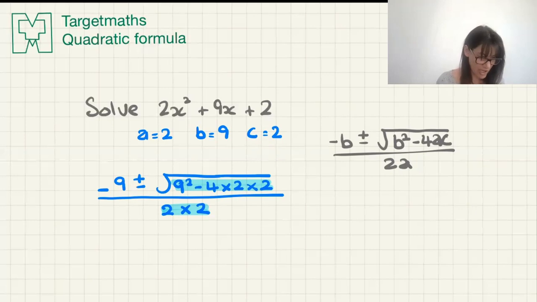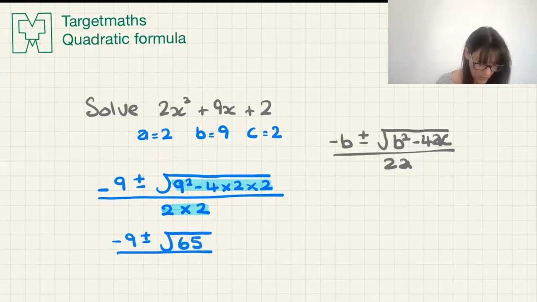So let's now tidy up where we're at the moment. I am going to have minus 9 plus or minus, and I'm going to work that out in my calculator, which is going to give me root 65 all over 2 times 2, which is 4.